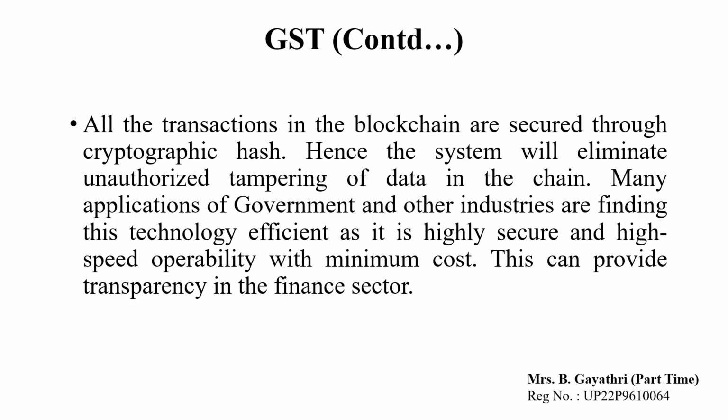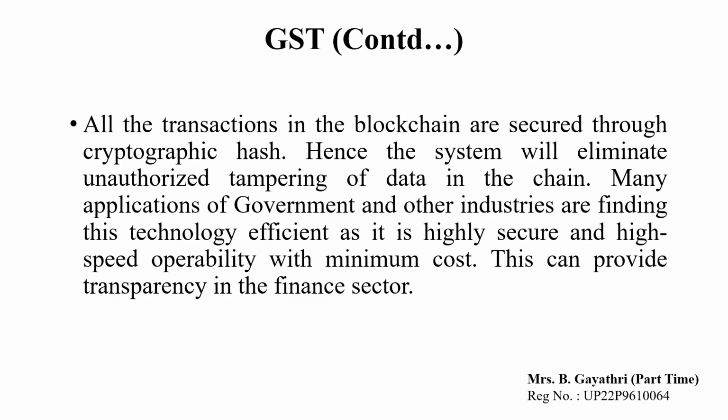All the transactions in the blockchain are secured through a cryptographic hash. As we know, blockchain is said to be the most secure form of storing records, so this will eliminate unauthorized tampering of data.